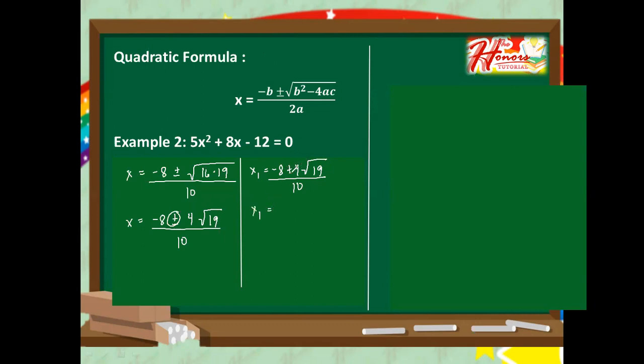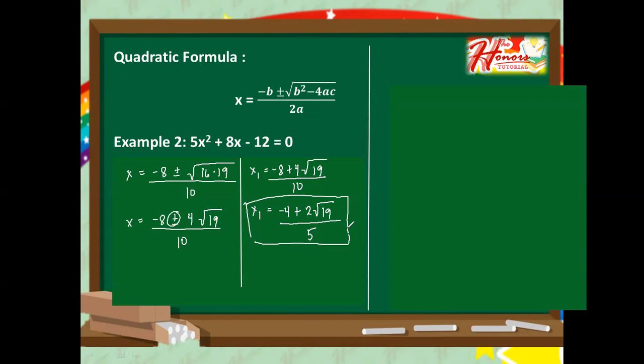So x sub 1 equals, just think of a number that can divide 8 and 10 at the same time without remainder, and that's 2. So negative 8 divided by 2 is negative 4 plus 4 divided by 2, that's 2, square root of 19. Of course, let's have 10 also. 10 divided by 2, that's 5. So that is x sub 1. Negative 4 plus 2 square root of 19 over 5.